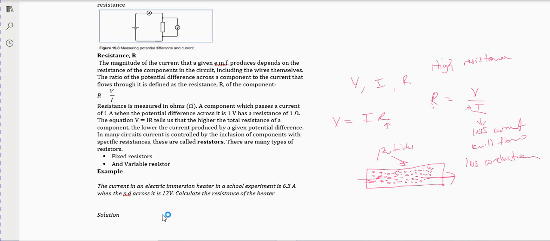And we expect the component will get hot eventually, because it is basically forcing its way. More work is being done to allow those charges to pass through.